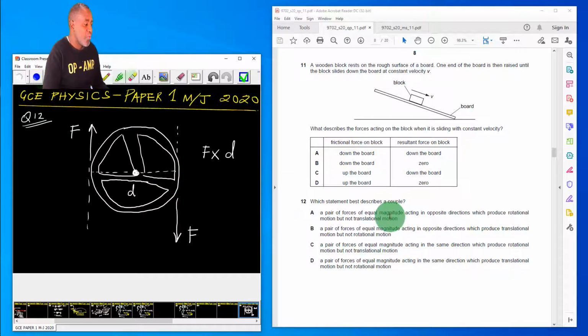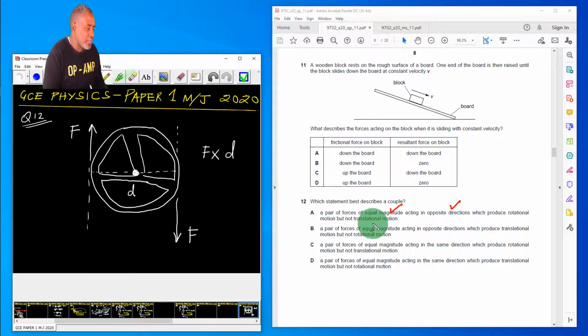Now, armed with that, and I always insist that when you are answering such questions, you must arm yourself with the necessary knowledge. So armed with that, let's look at the first choice. In the first choice, they are telling us which statement best describes a couple. A pair of forces of equal magnitude, that is correct, acting in opposite directions, which produce rotational motion but not translational motion.